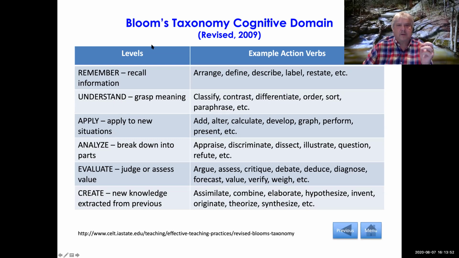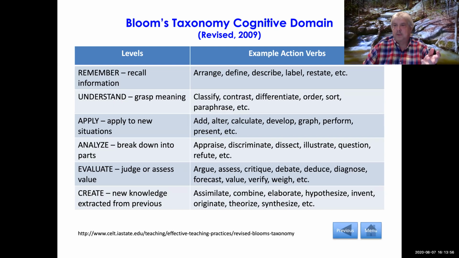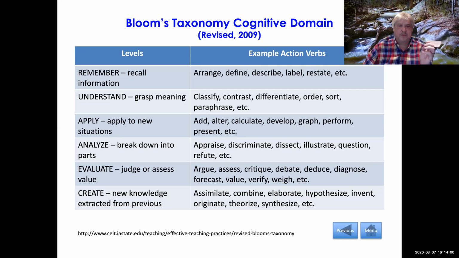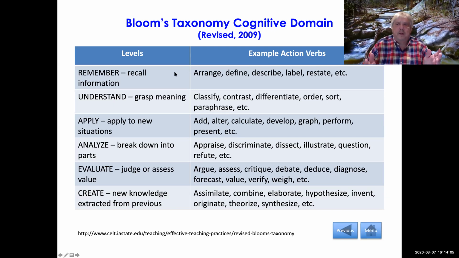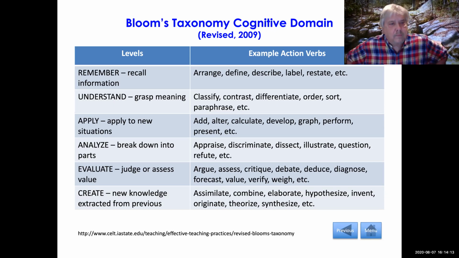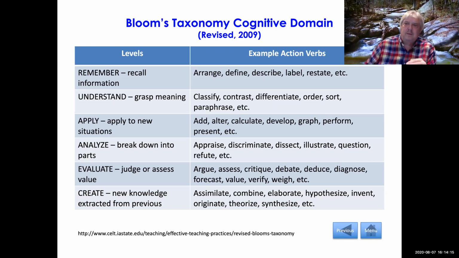Just a little more about critical thinking, I want to review with you Bloom's taxonomy. I know you've probably been exposed to Bloom in a number of different ways, but when you're creating objectives for your course, and you can go back and look at the objectives I've created for this course in the syllabus, think about how they are leveled.